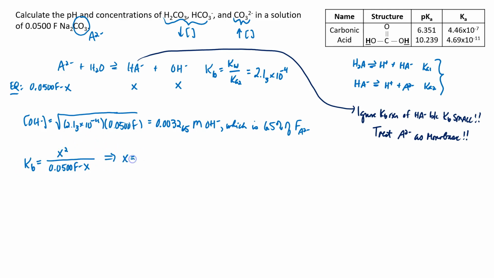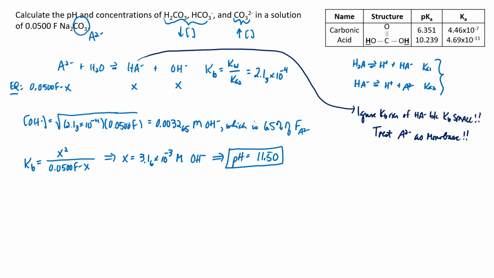You should get that x is equal to 3.1 with an insignificant 6 times 10 to the negative third molar. And x, remember, is our OH- concentration. So we can get the pH, and I got a pH of 11.50, which is basic, which is what we would expect when we prepare a solution from the unprotonated form.